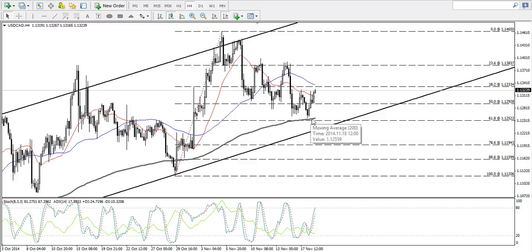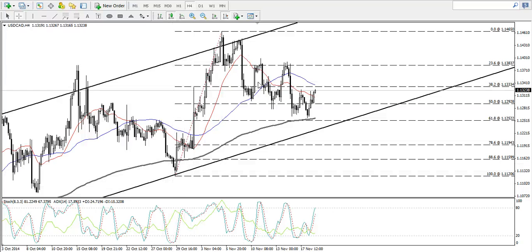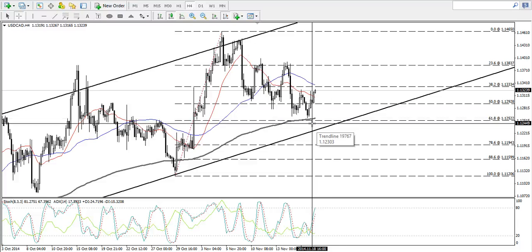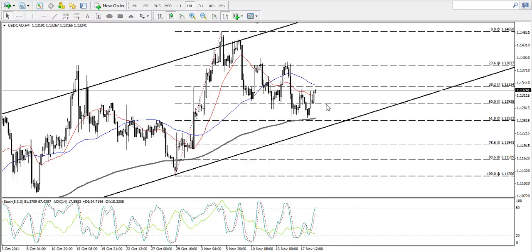Price is about to touch the bottom, and with a Fibonacci retracement from the bottom of this channel to the top, it is about to touch the retracement level of 61.8%, price of 1.1252. This is also where the 200 moving average coincides, and therefore that gives strong support to this support level.